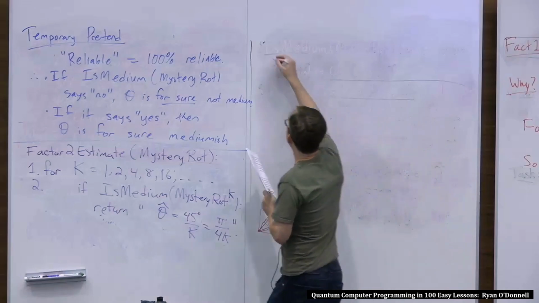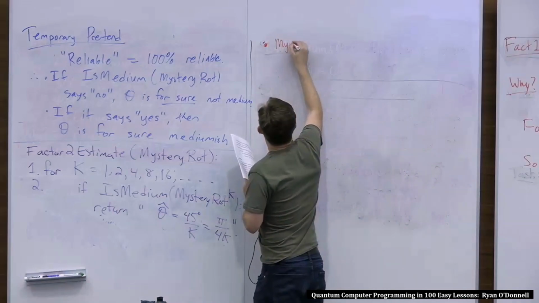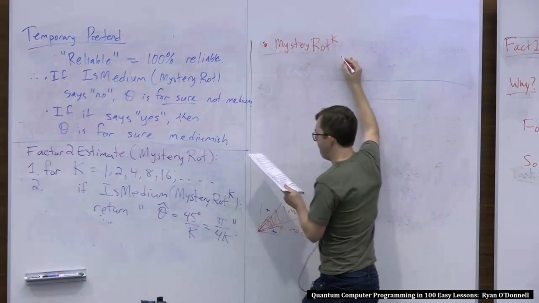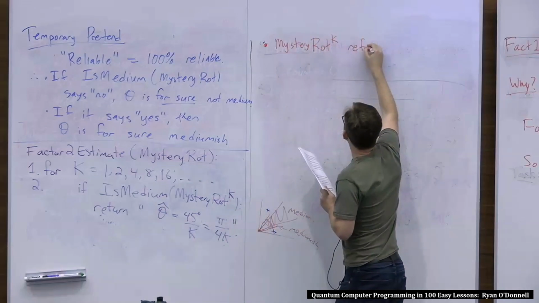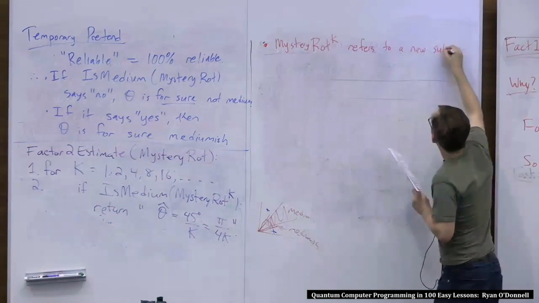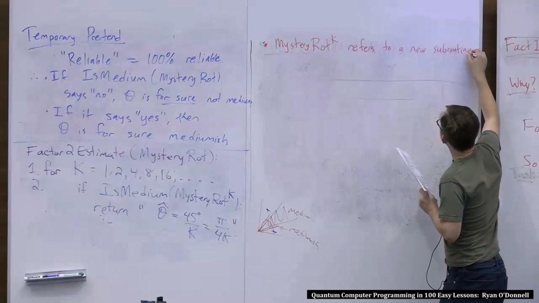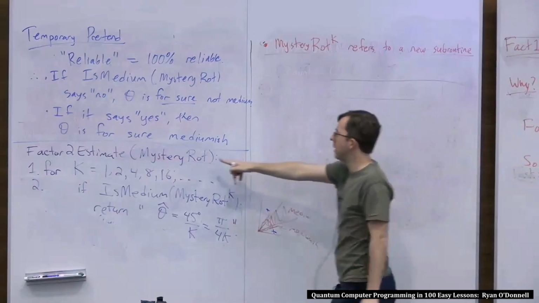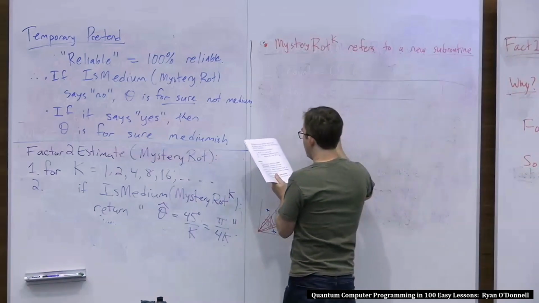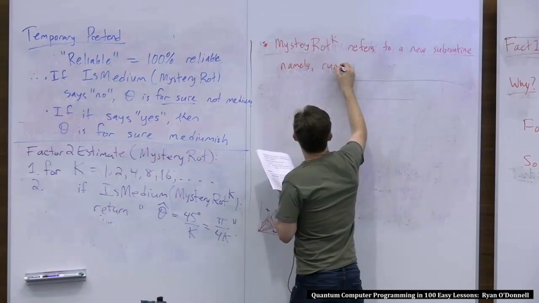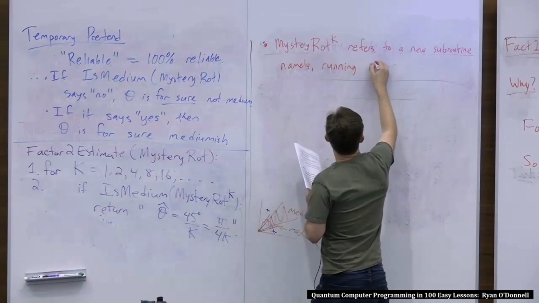So, okay, mystery rot to the K refers to a new subroutine that the factor 2 estimate algorithm makes itself out of the subroutine that it's given. Namely, running mystery rot K times in a row.